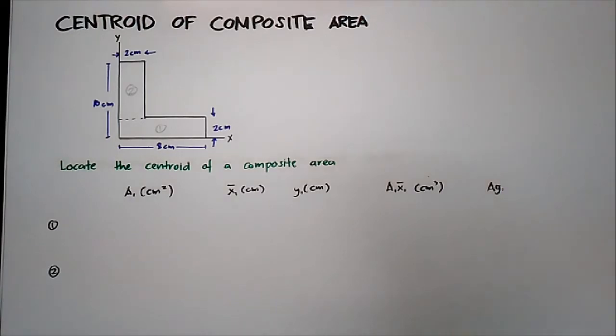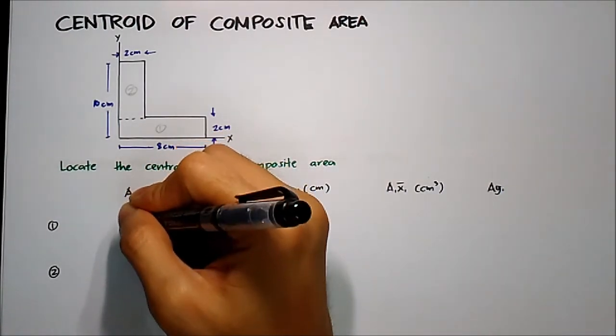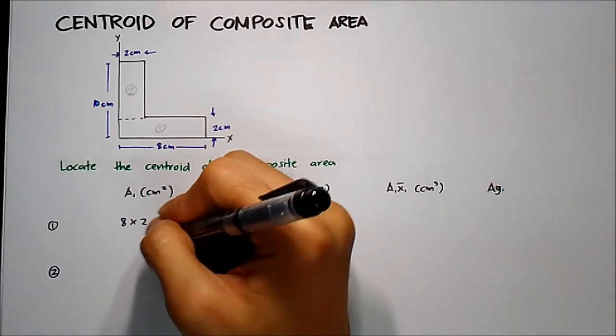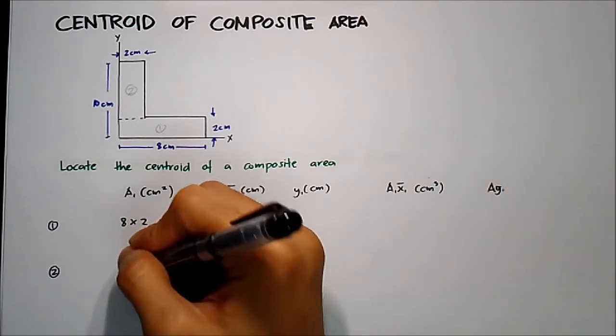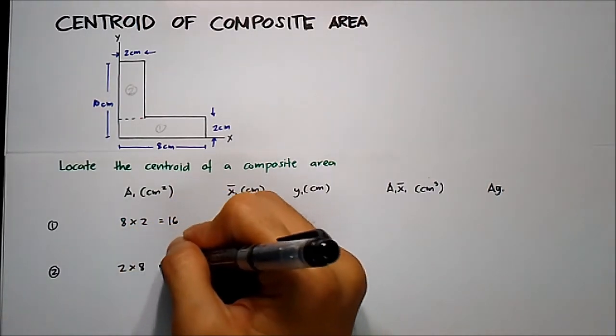The area of the first rectangle is 8 times 2, which is equal to 16. And the upper area is 2 times 8, equal to 16.